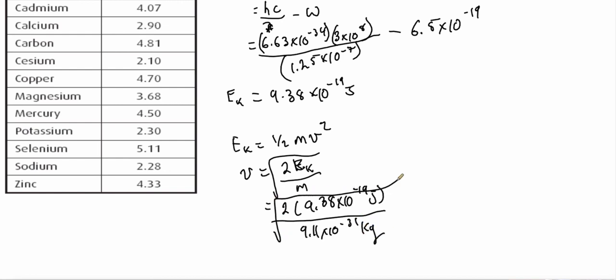And we want to square root that, which will end up giving me a total of 1.44 times 10 to the 6 meters per second.